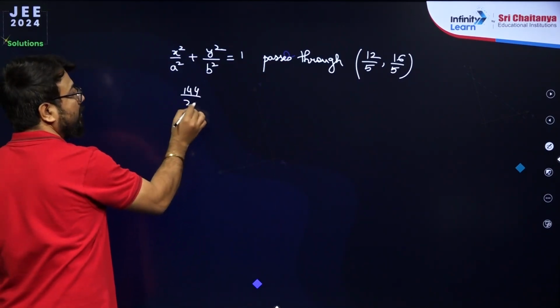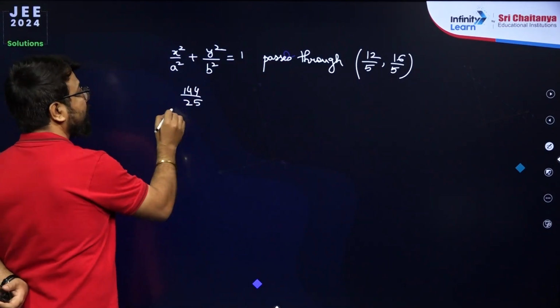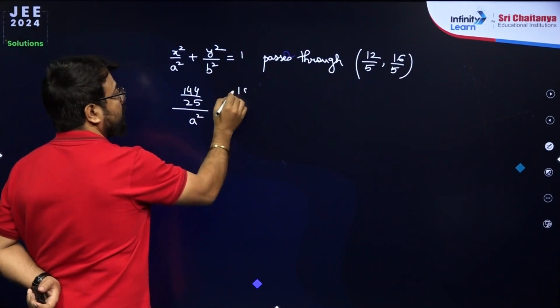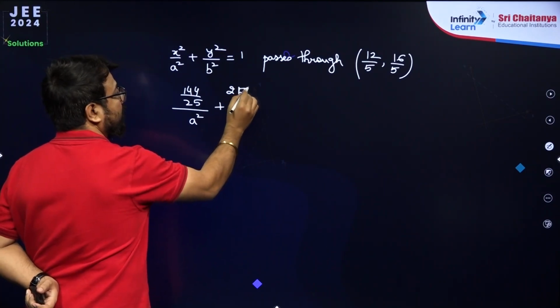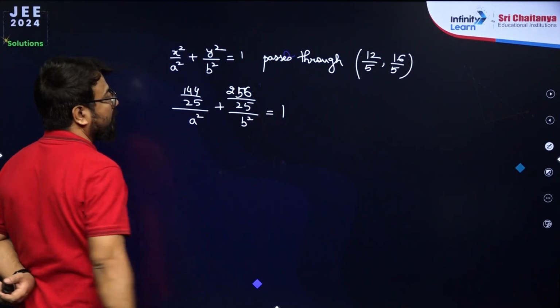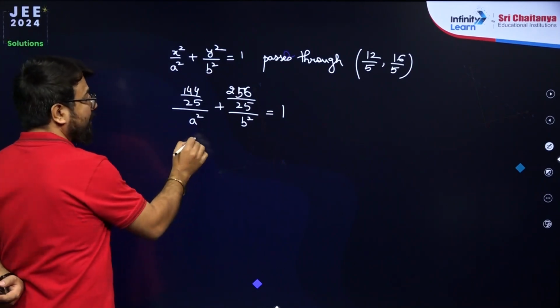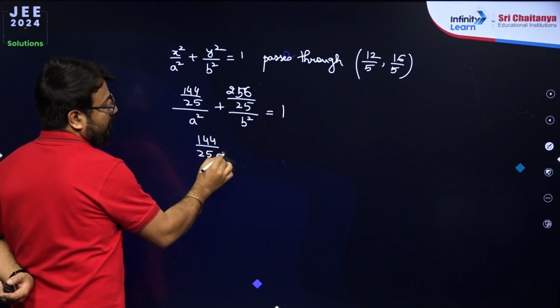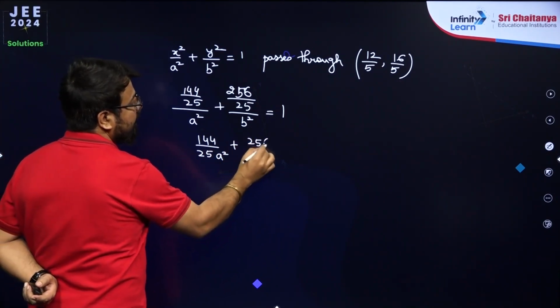Instead of x put 12 by 5, instead of y put 16 by 5. Now I'll be able to get a relationship between a and b. With the help of it, we can easily find the value.